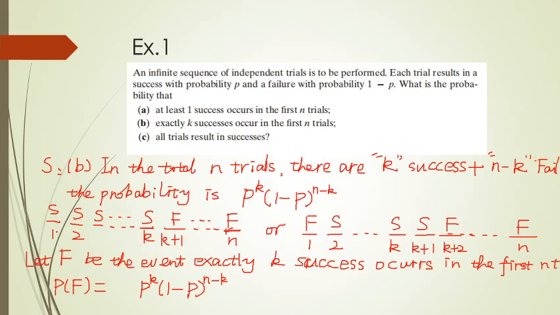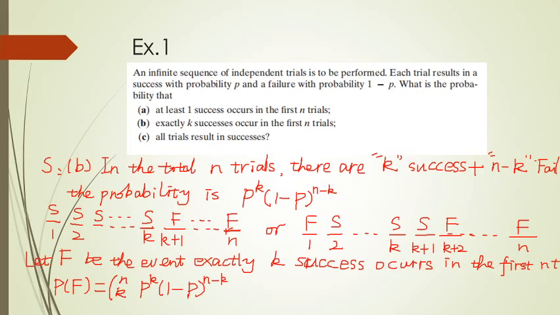For the first one, the probability is p to the K times 1 minus p to the exponent N minus K. This one is 1 minus p times p to the K, and here we have N minus K minus 1 for the exponent. So the probability of those two sequences is the same. Actually for all of those sequences with K successes and N minus K failures, the probability will be the same. But how many different combinations of those sequences?